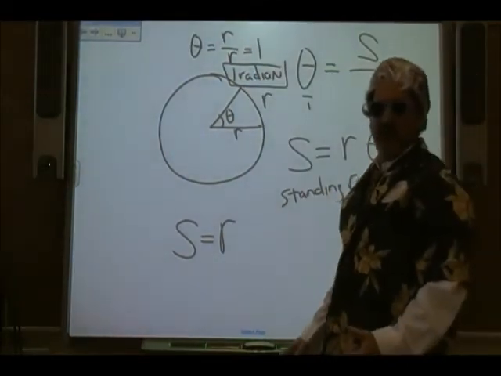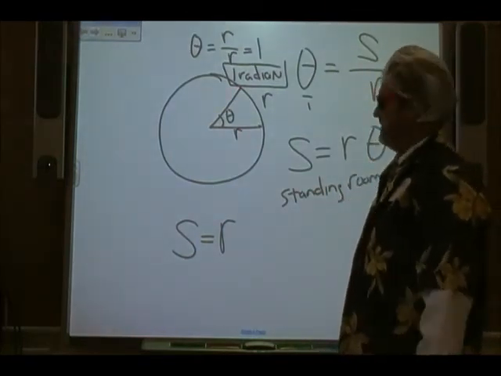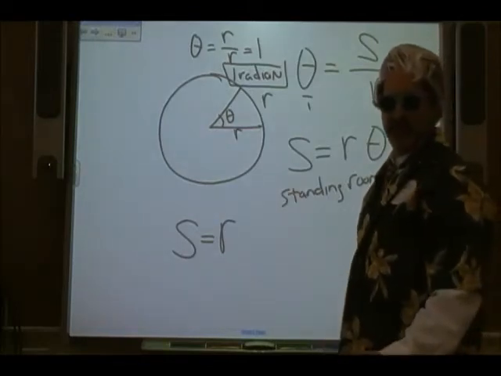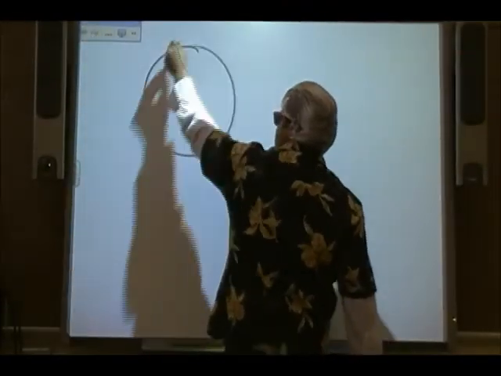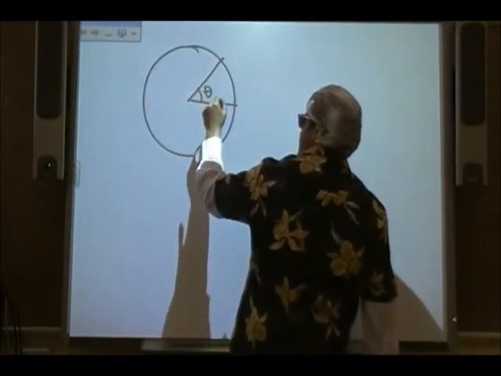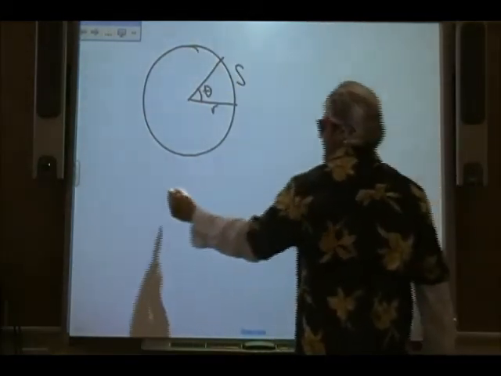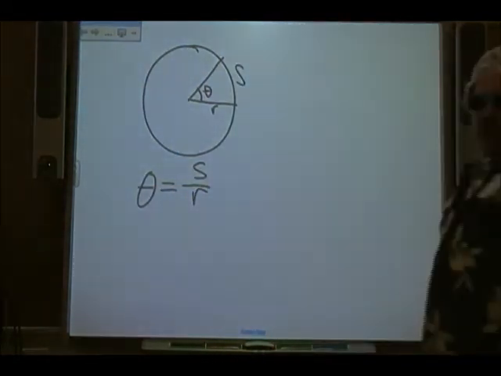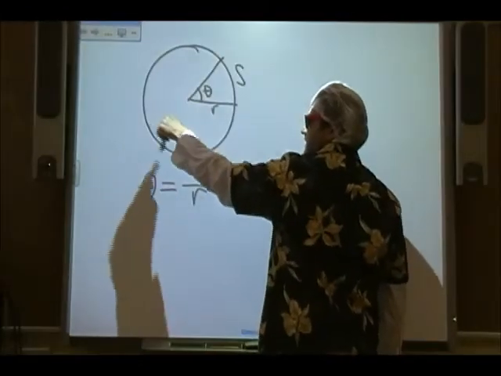Now, let's take a look how we can relate the degrees to the radians. Because some people use degrees, many of the scientists use radians. So let's relate them. So the formula again is theta equals S over R. But what would the arc length be if I move it around the entire circle?